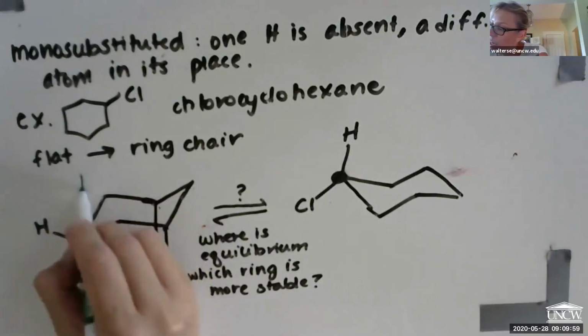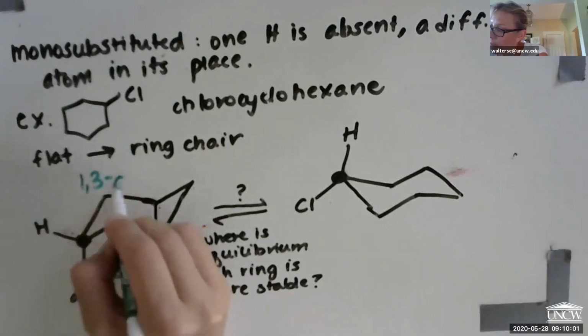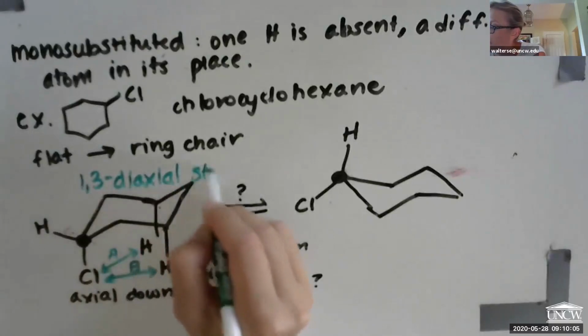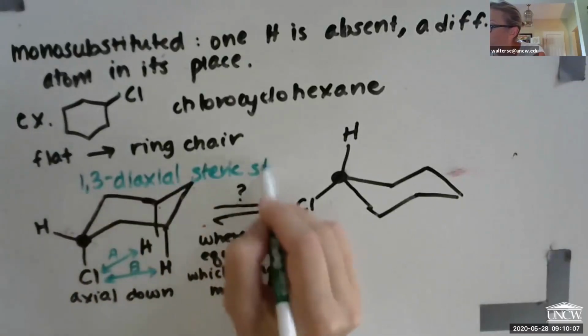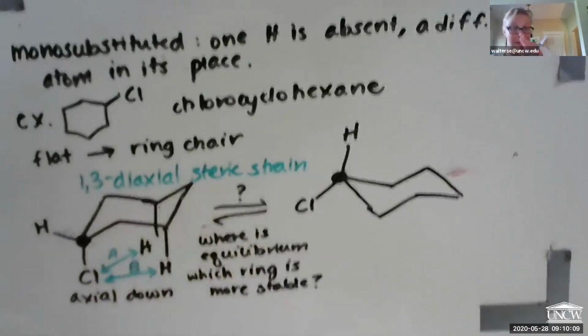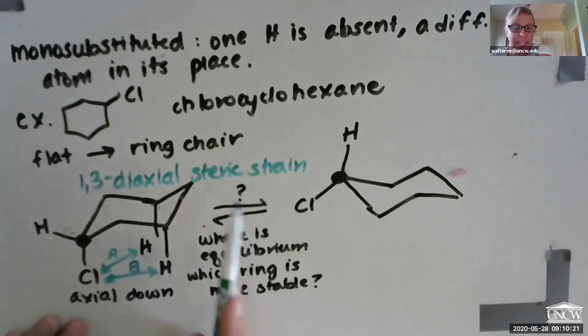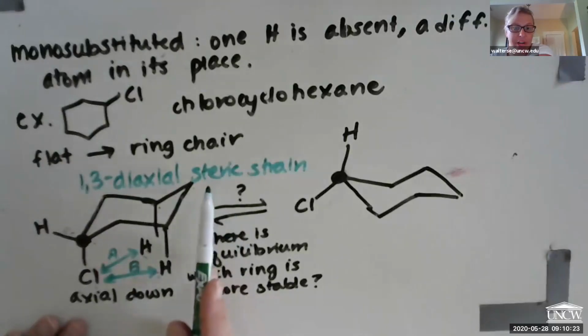Both of those are called 1,3 diaxial steric strain. So steric strain, remember, is anytime you have atoms trying to share space. So in the axial position, non-hydrogen atoms will bump into other groups in axial positions, increasing the value of this strain.